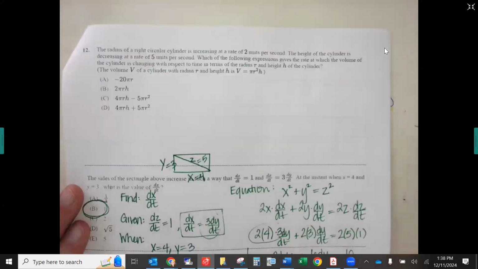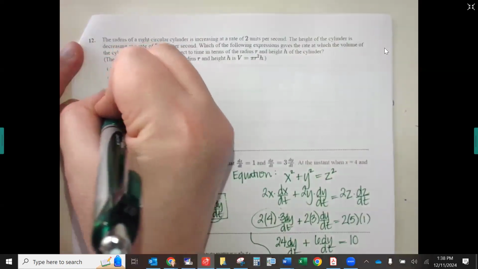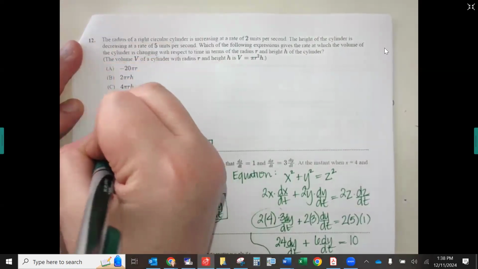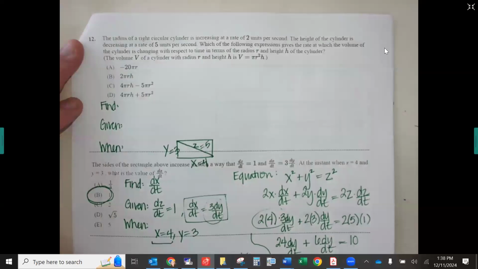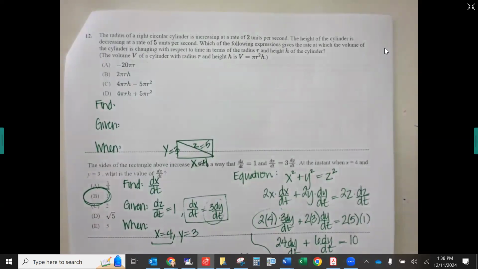All right, go right here. Set up your find, given, when. All right, here we go.